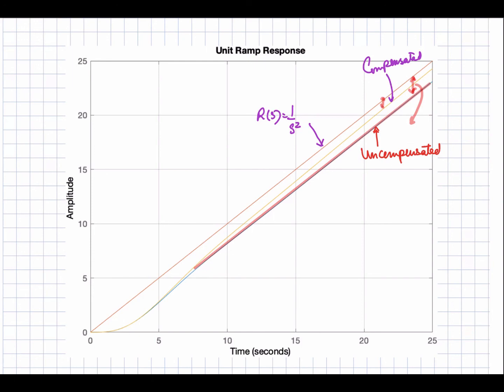The inner one is the response of the compensated system when Kv is nearly equal to 5, and this one is when K is nearly equal to 0.5. With this you can see the steady state error for the compensated system is smaller as compared to the uncompensated system because of the compensator that we have introduced.